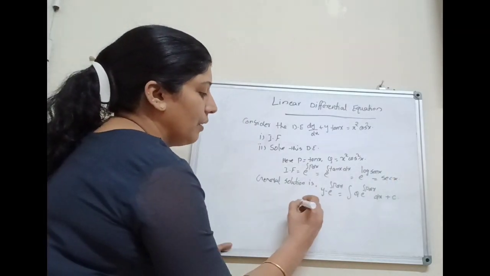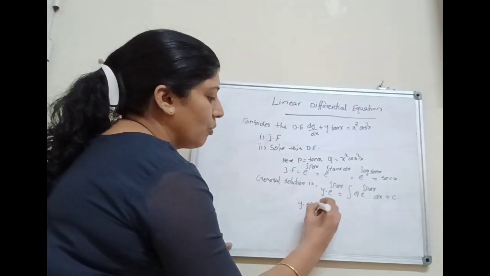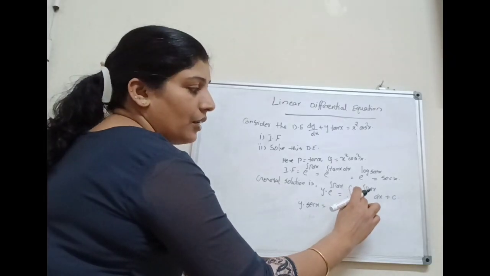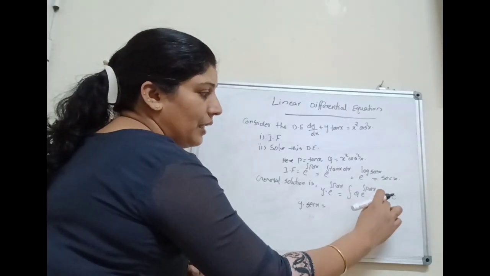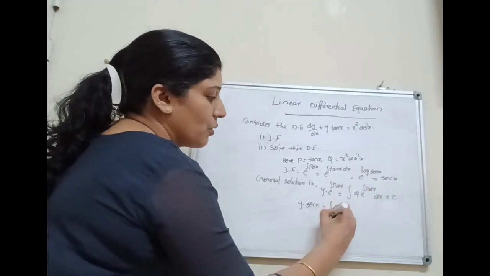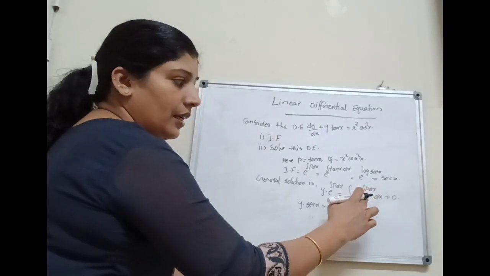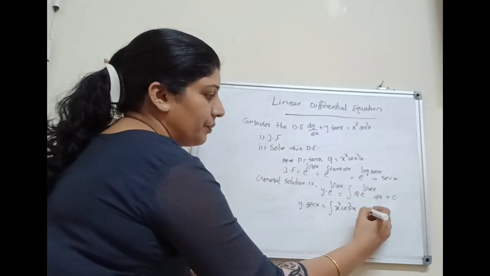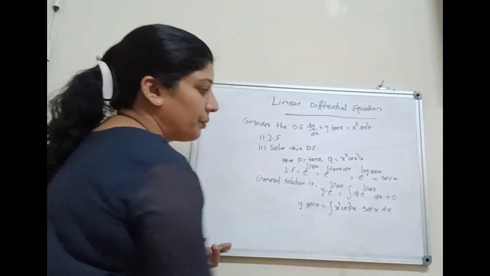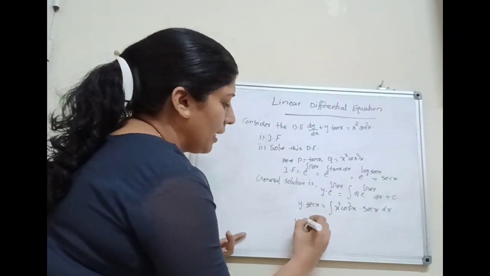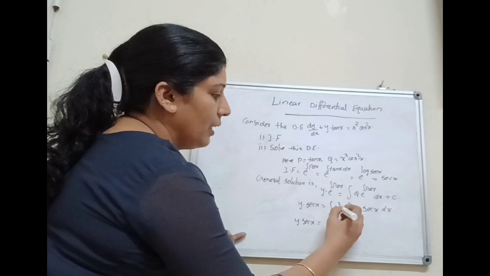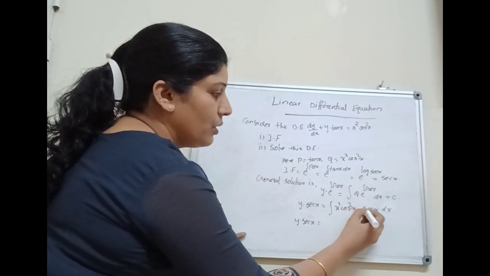Therefore, substituting, y into sec x equal to integral q e raised to integral p dx. Here q is x square cos square x, then the integrating factor is sec x dx. Therefore, y into sec x equal to integral of x square cos square x into sec x.